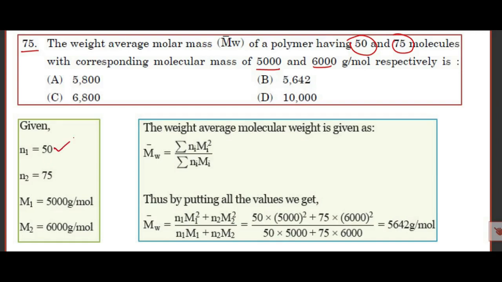Here N1 is 50 given, N2 is 75, M1 molecular weight of a first monomer, M2 molecular weight of a second monomer, and MW equal to sigma Ni Mi square divided by sigma Ni Mi. And substituting the values, you will get 5642 gram per mole. Hence option B is correct.